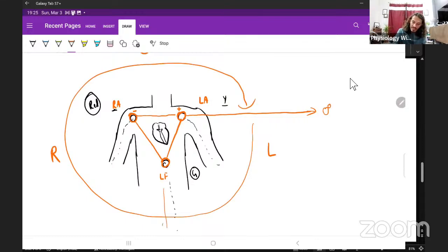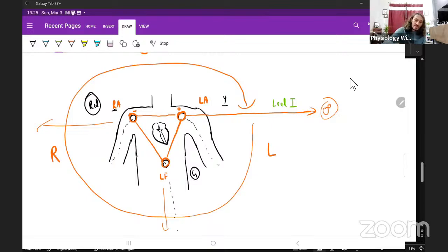This is going to be 90 degree. This is going to be 180 degree. So just think of it as a circle, and in that vector scale, this is the 0 degree. So this is your lead 1. What does it connect? Your left arm and your right arm.